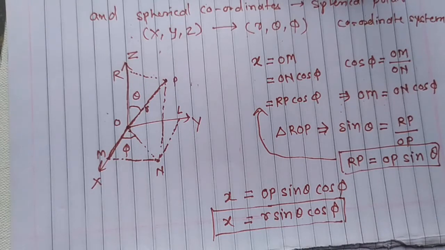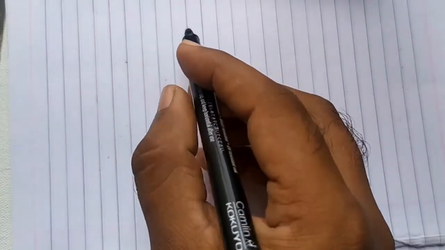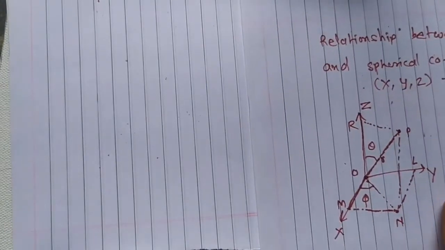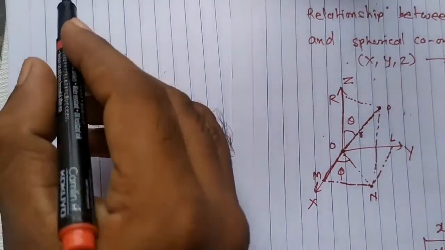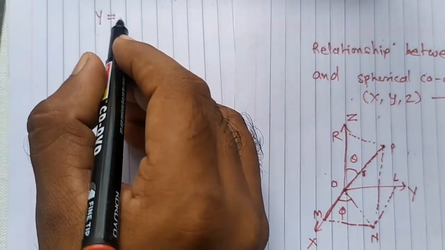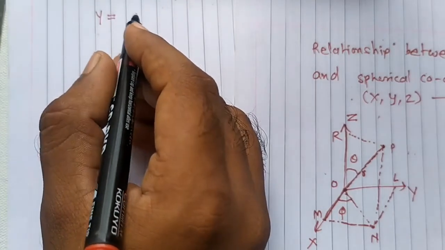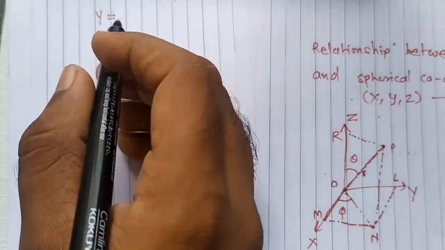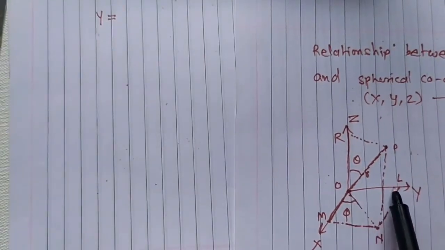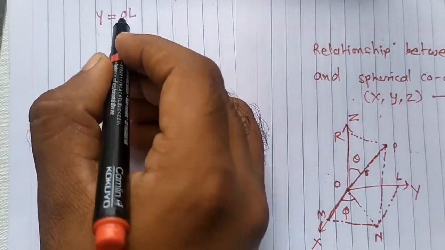Now we have to go for another coordinate, that is, which one? The y coordinate. For that we have to use this diagram again as a reference. So what we can see, y is equal to OL, as this is the y-axis.